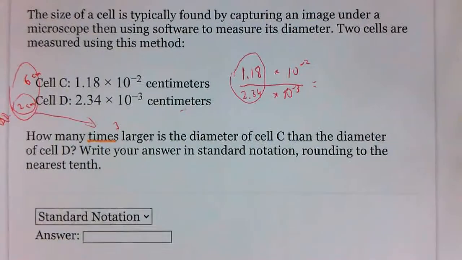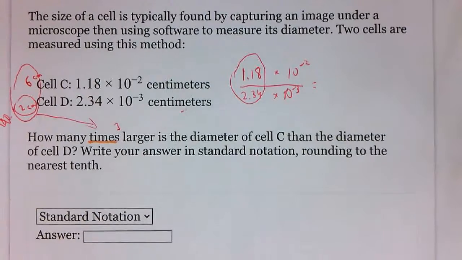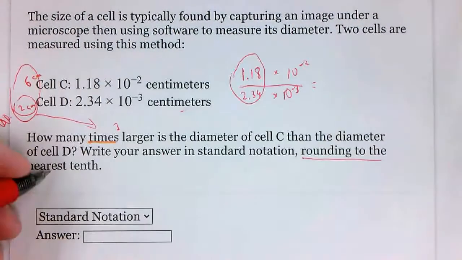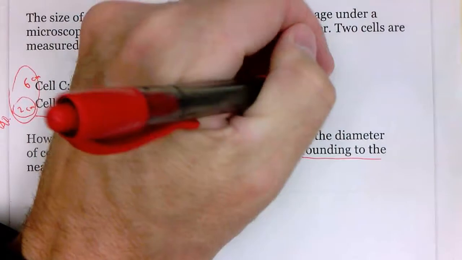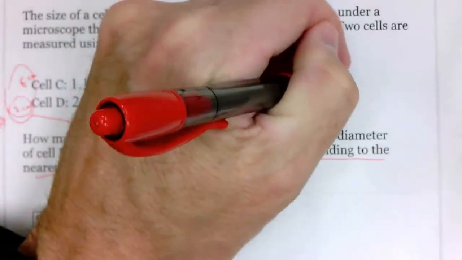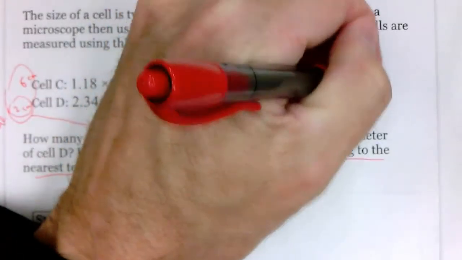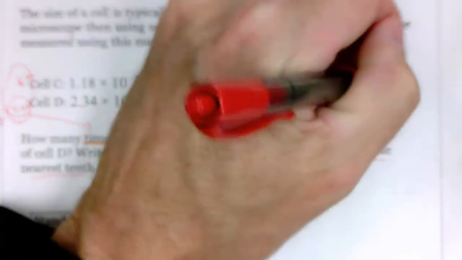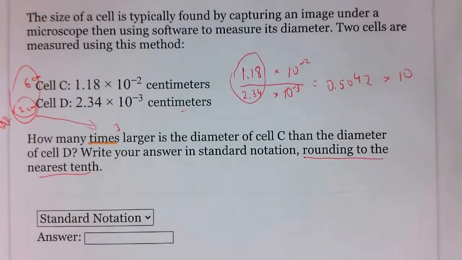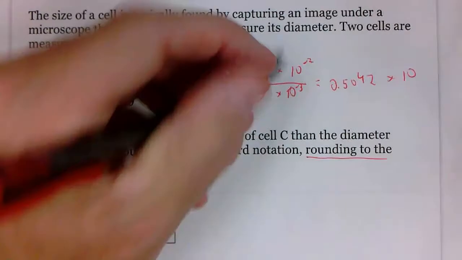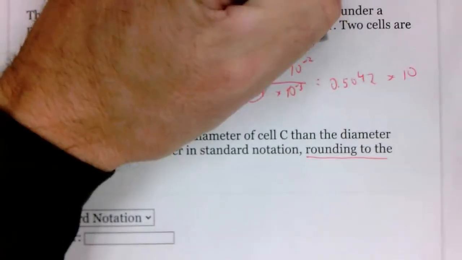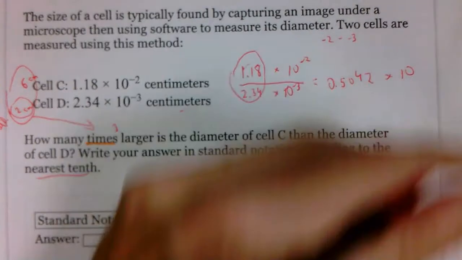And that is a yucky number. I'm supposed to round to the nearest tenth. All right, so I got 0.5042, and I'll stop there, times 10 to the, and when I'm dividing, I subtract. Negative 2 minus negative 3 equals 1.